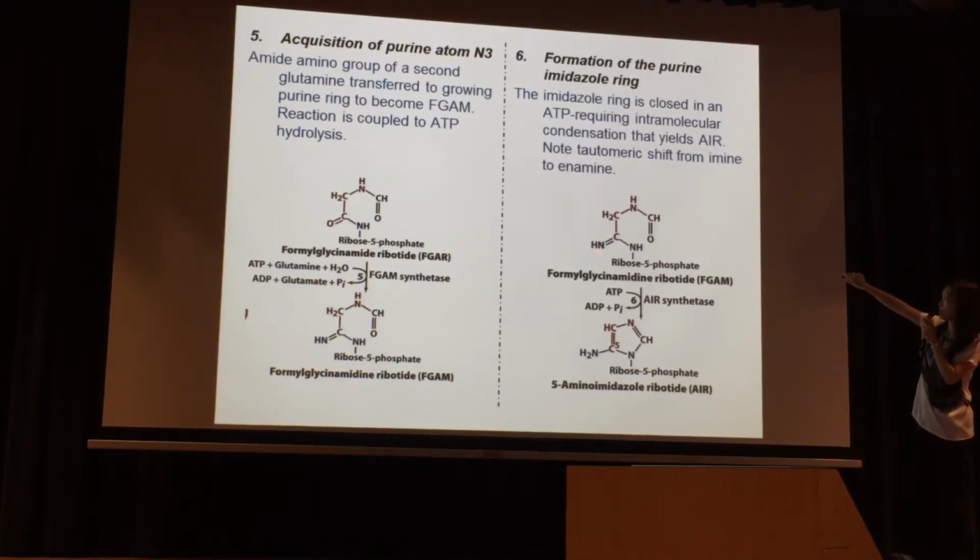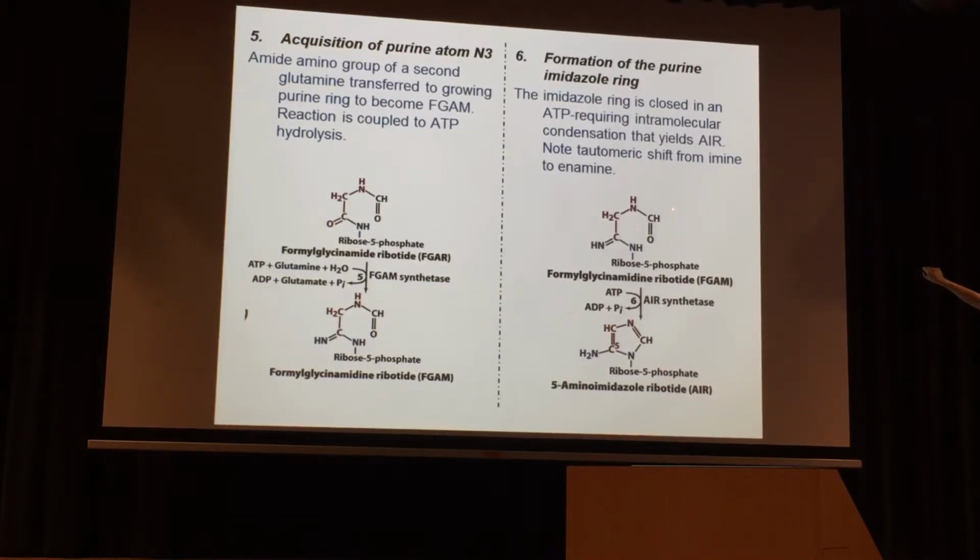C=N is a little bit hard to react with. We need an NH2. So over here, the imidazole ring is first closed by a condensation process. With an NH, we have CO. This condensation process requires ATP.